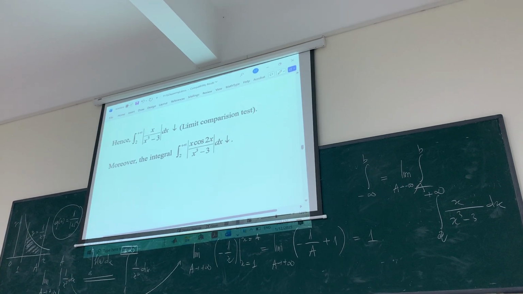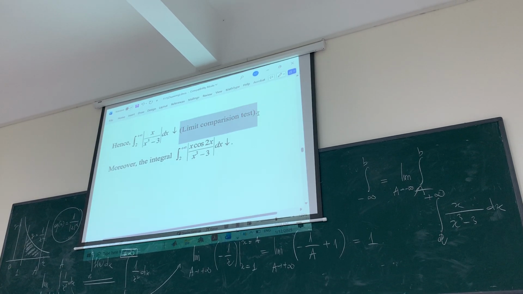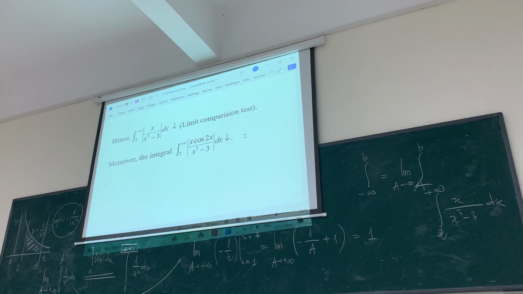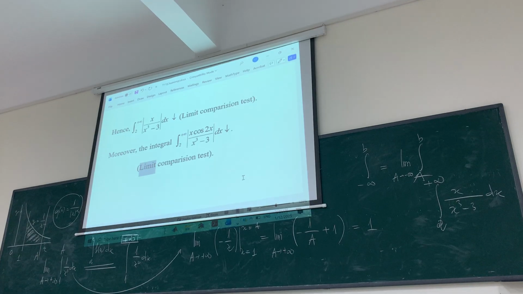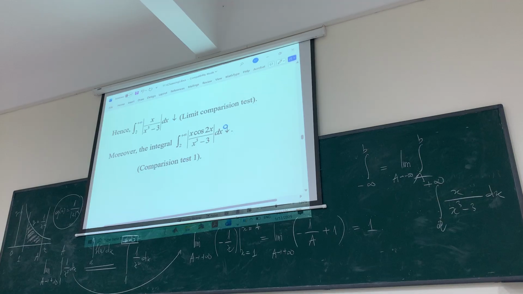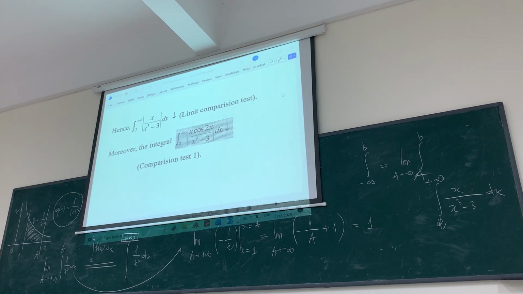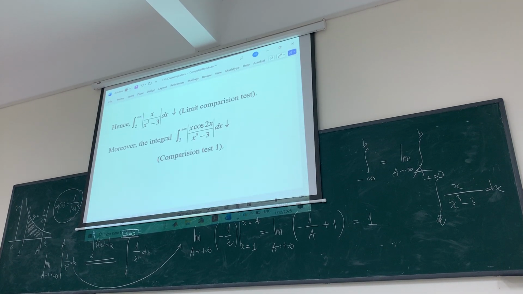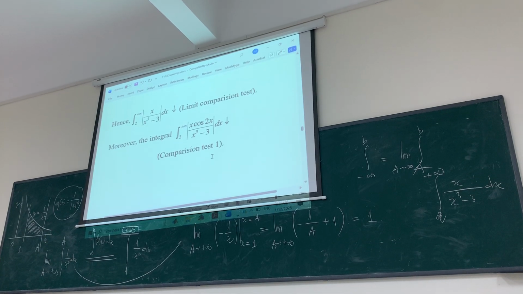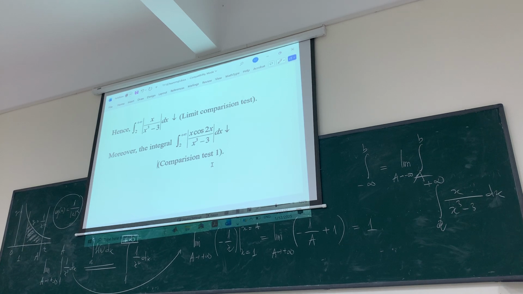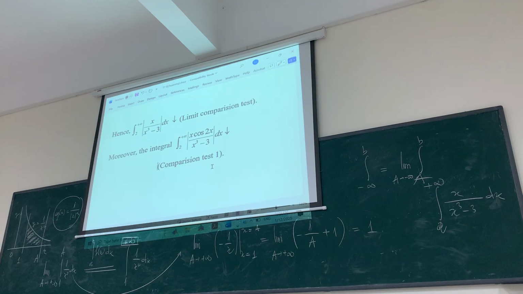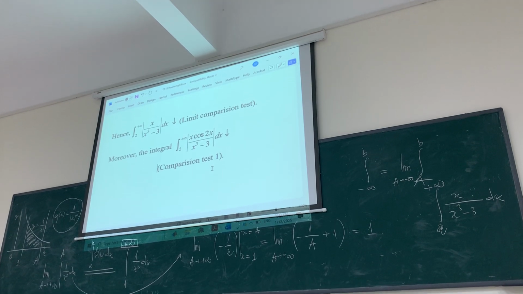Here we use comparison test 1. Finally, we use the absolute convergence test. It can imply the above improper integral converges.